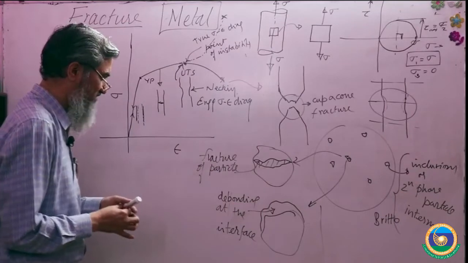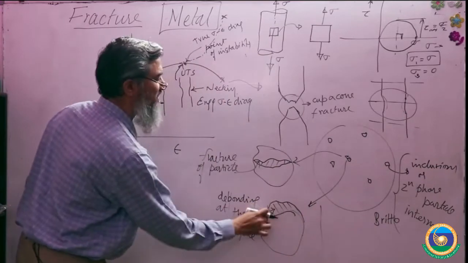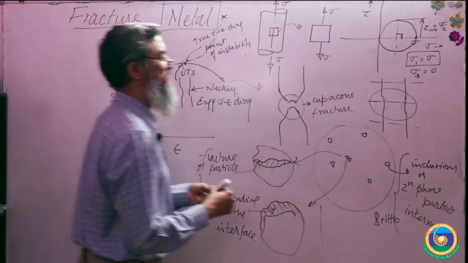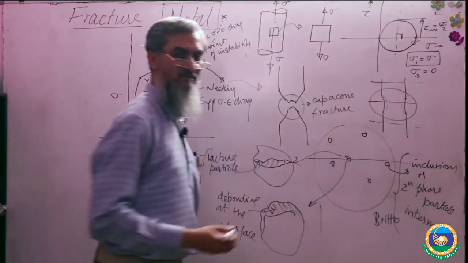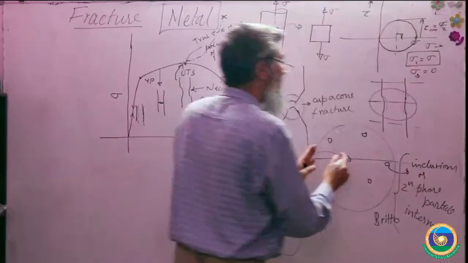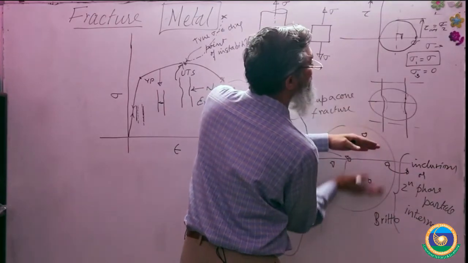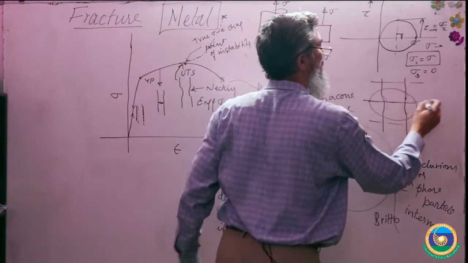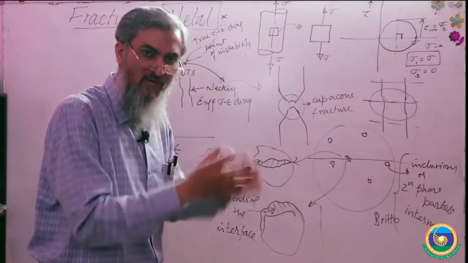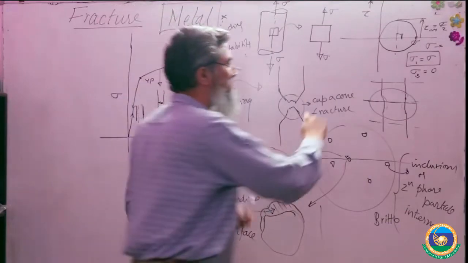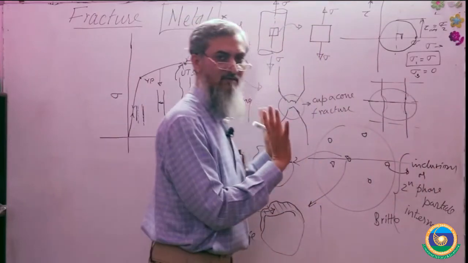When the particle fractures or there is debonding, there is a gap here. As soon as this happens, the stress at this particular area increases, and it will be more here compared to other areas. So you don't know where the necking will take place. Once it starts, it will go on increasing at this particular location. This may be here, this may be here, we don't know, but it will start.